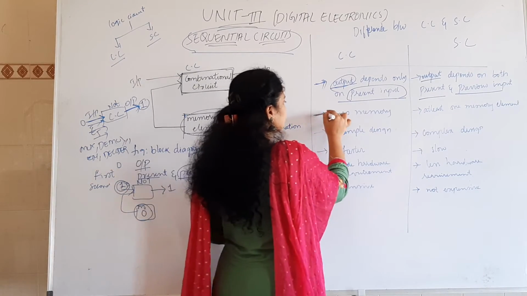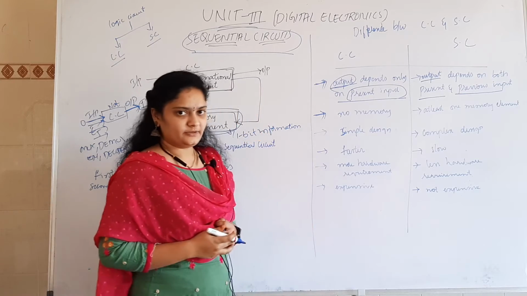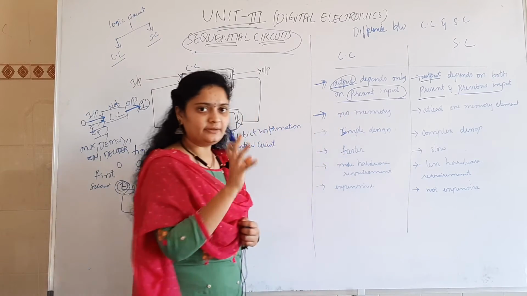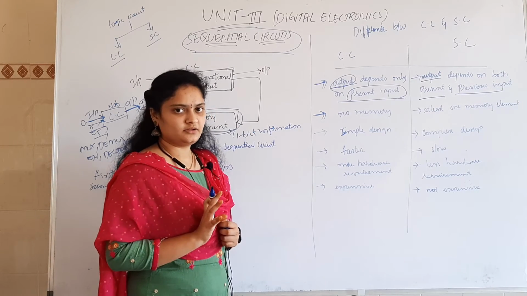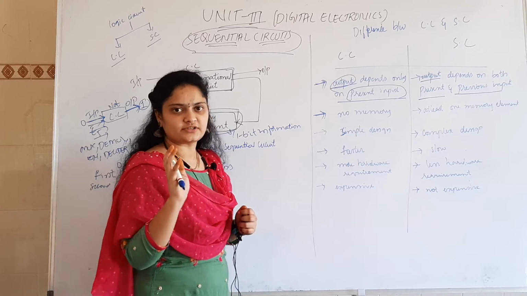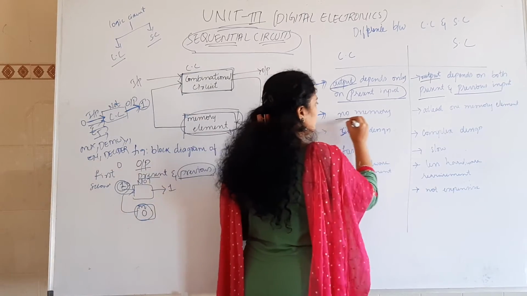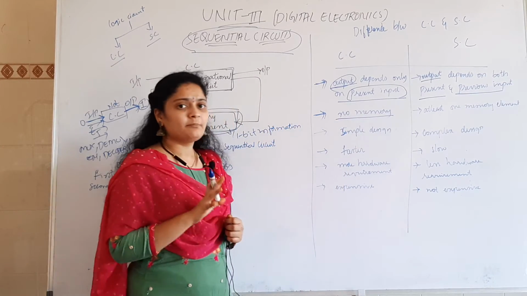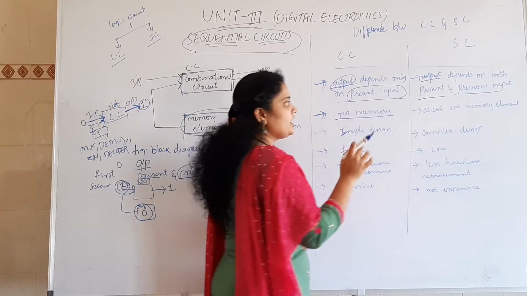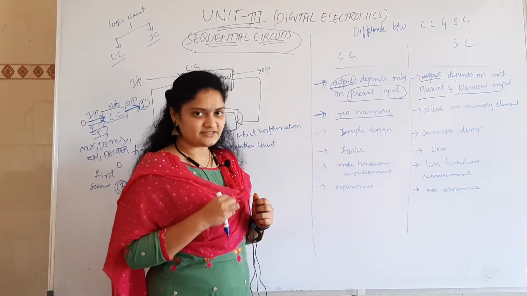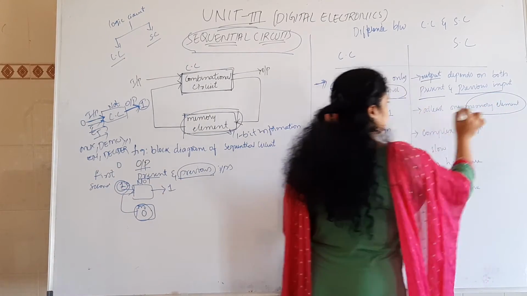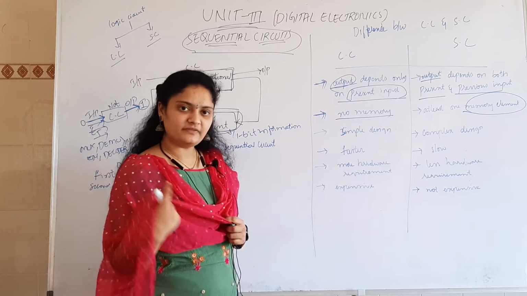The next point is about memory. A combinational circuit doesn't have any memory element to store anything. Depending upon the present situation only, the output is processed. So in a combinational circuit you will not have a memory element. But when it comes to a sequential circuit, you have to store the previous input. For that purpose, we use a memory element, which is used to store your previous inputs.